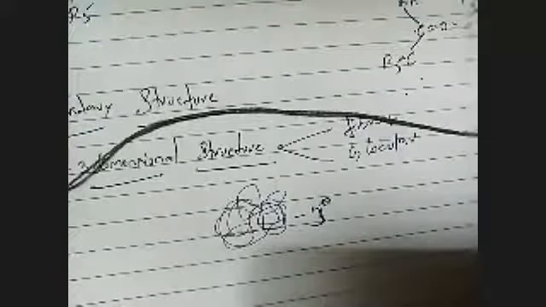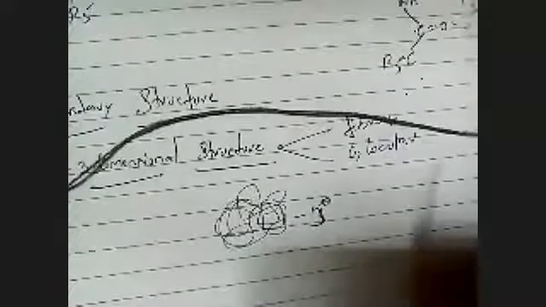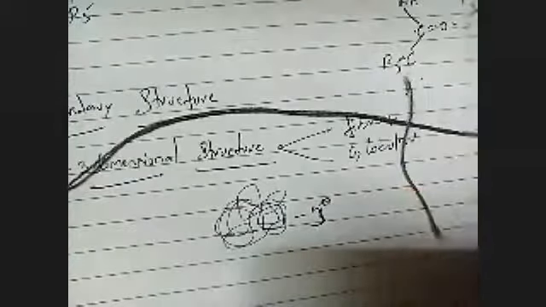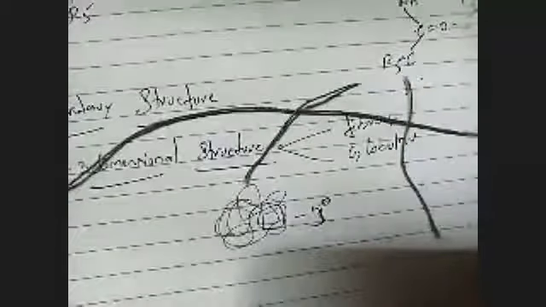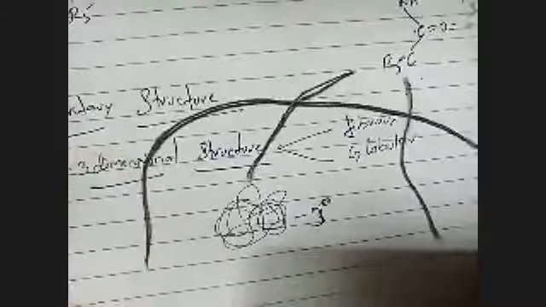If that primary structure has branches, that is called secondary structure, or else we can define it in another way also. If it is present in a wavy form, it is called secondary structure, that is alpha helical structure.